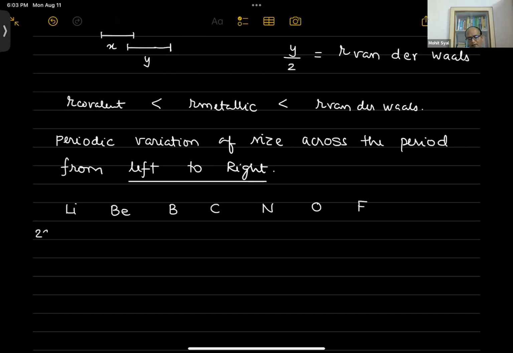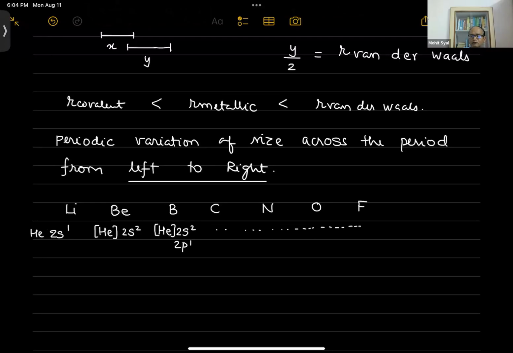This is 2s. Then you have 2p2, 2p3, 2p4, 2p5, and then 2p6 in neon.